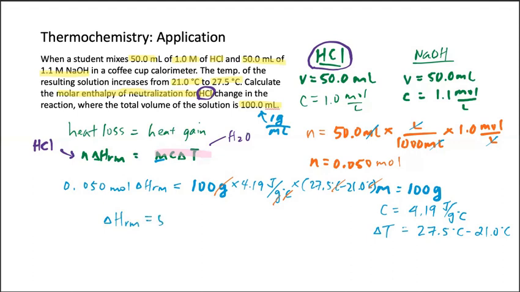You should get 5.4 times 10 to the 4 joules per mole, and two significant figures because we have 1.0 as the least number of significant figures. And we're done.